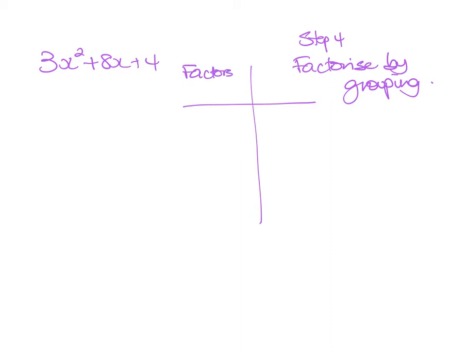So let's have a look at it again from the very beginning. The question given to us was 3x squared plus 8x plus 4. The first thing we do is we're going to look for factors of ac that add to b.